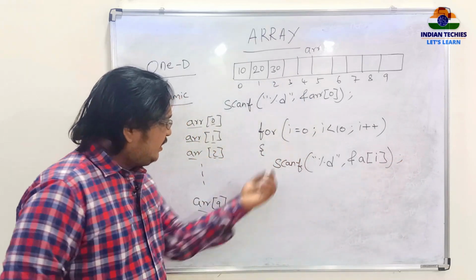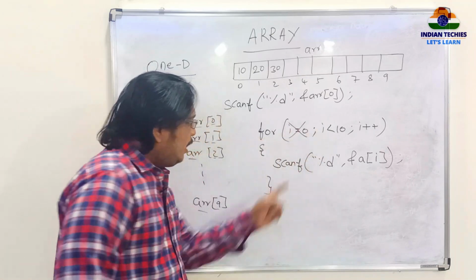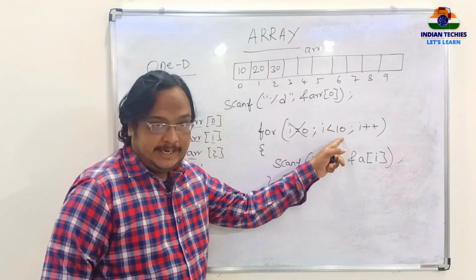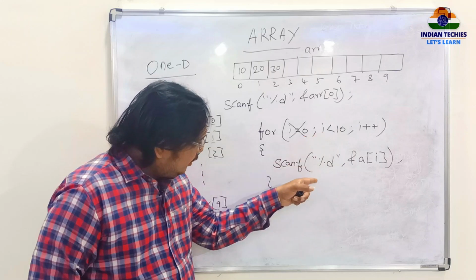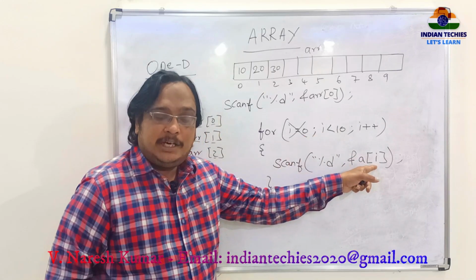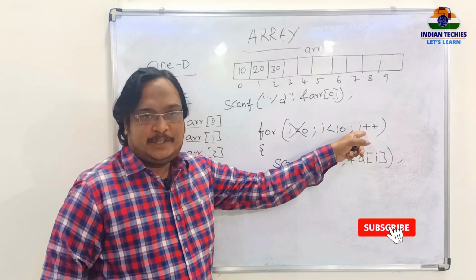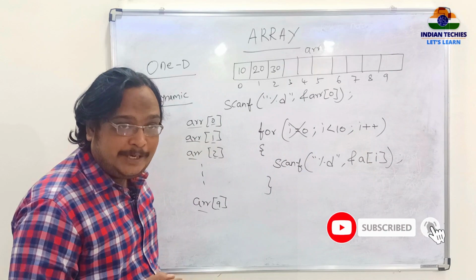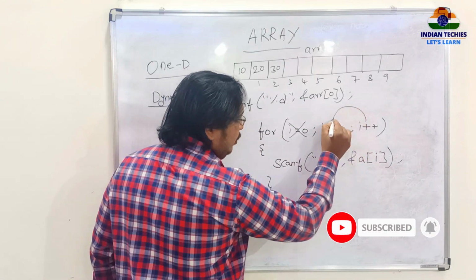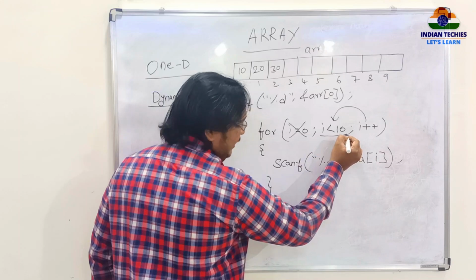So what happens first? i equal to 0. This is not executed again. 0 less than 10? Yes. Then it goes inside the loop. Scanf %d a of i, and the i value is 0 now, so it takes input for a of 0. Next i plus plus, so 0 becomes 1. Again it comes to the condition. Now i value is 1. 1 less than 10? Yes.